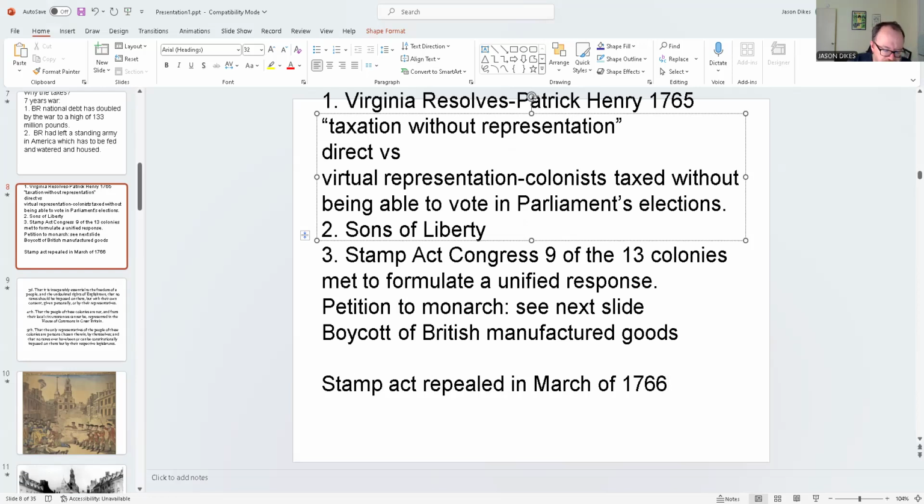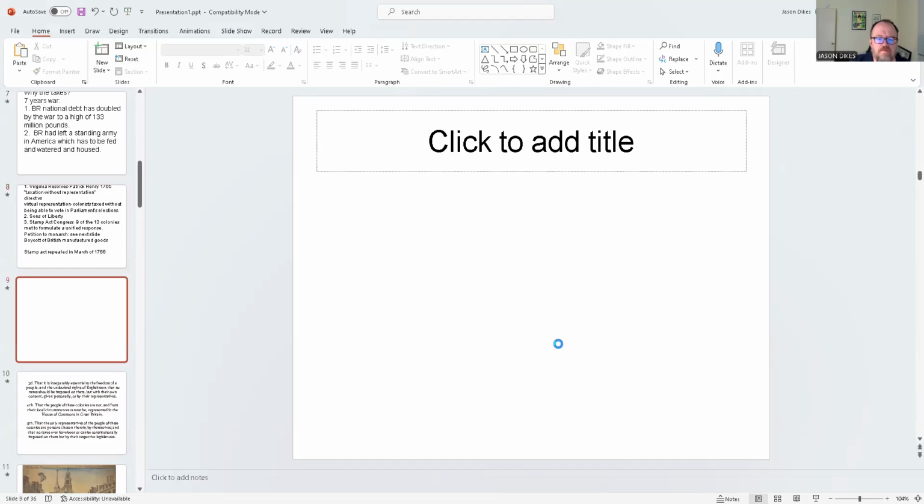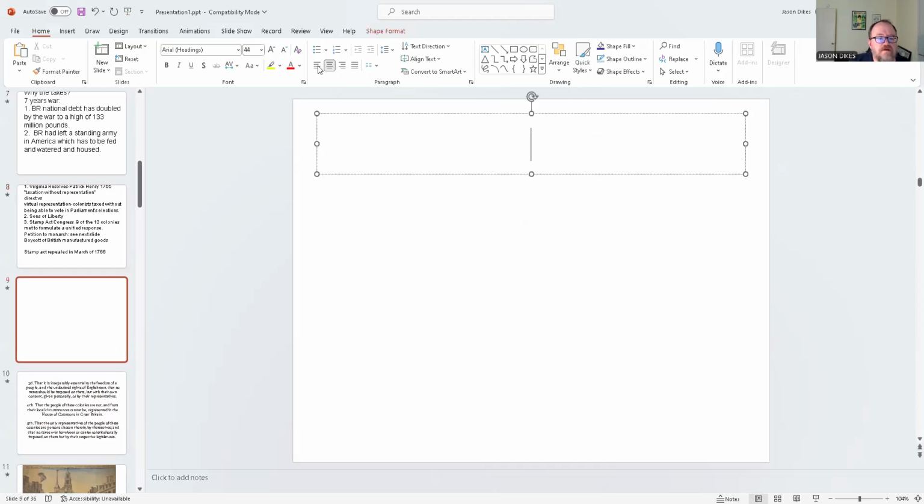And then things kind of calmed down for about a year. And then Britain passed what were called the Townshend Acts. It was about 1767. And this did a couple of things.